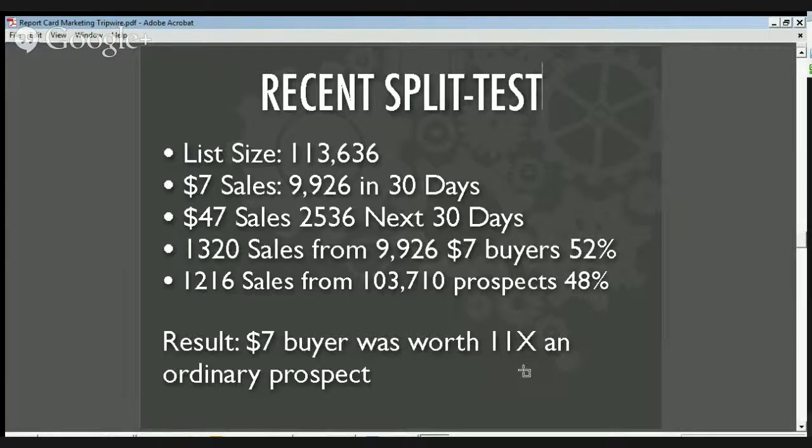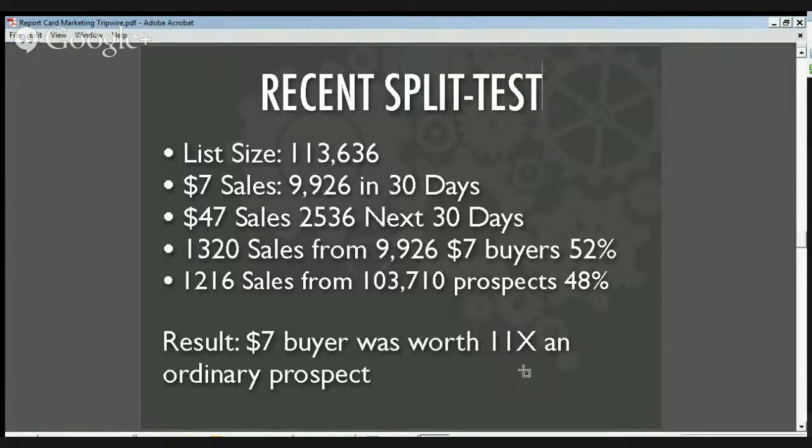Now here are the interesting stats: 1,320 sales came from the 9,926 who bought the $7 product. So that's 52% of the people that bought the $47 course were the $7 people. Then they got 1,216 sales from the 103,710 prospects that didn't buy the $7 thing.